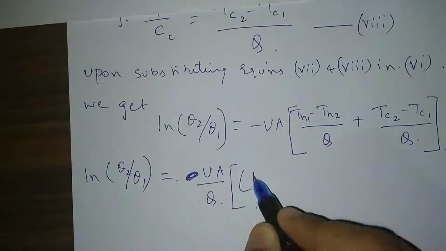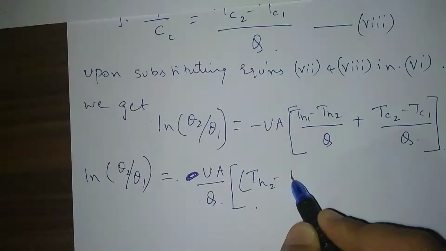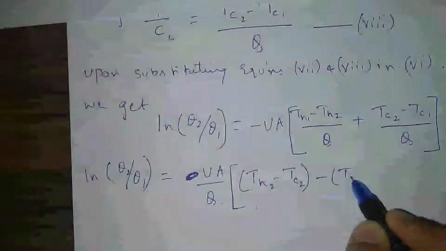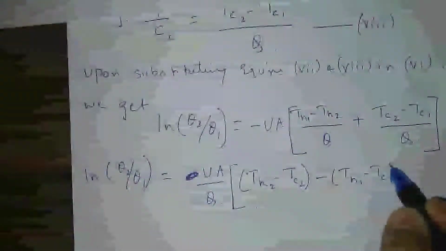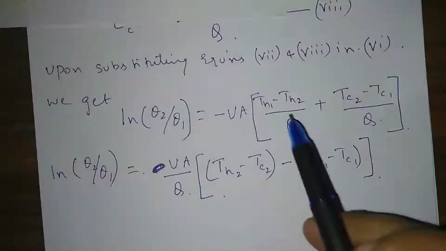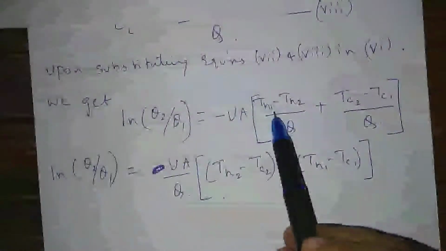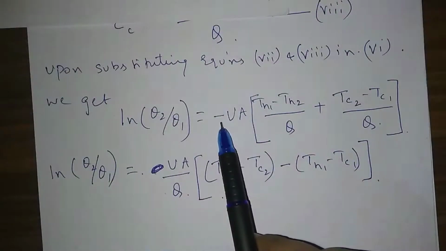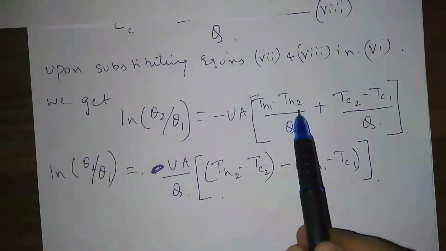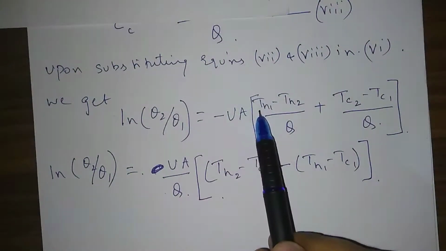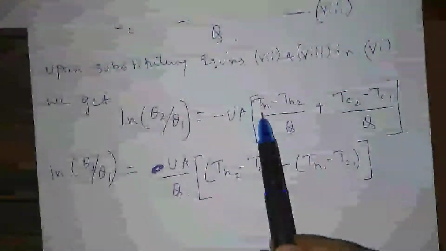Just see here, I'm going to write it like this: TH2 minus TC2 minus of TH1 minus TC1. I'm just writing in a simplified form. If I try to group all the inlets, it will be TH1 minus TC1, and if I take this minus inside, we get minus TH1.